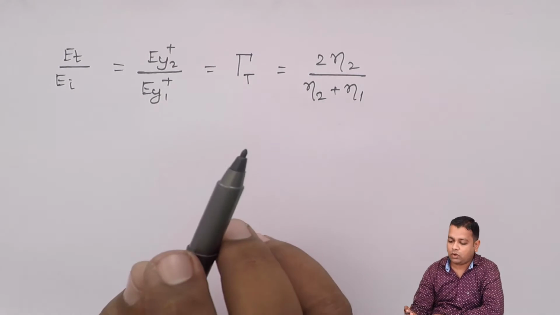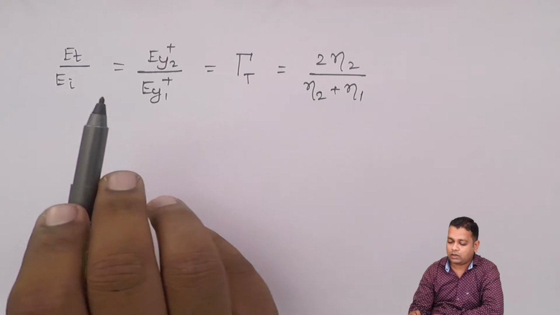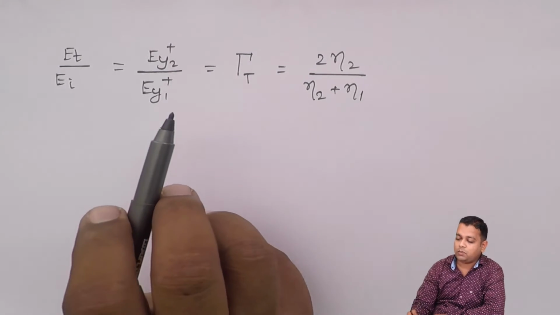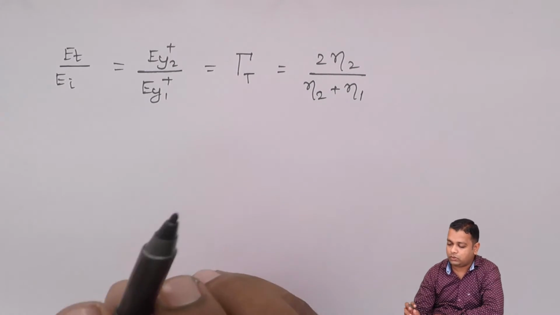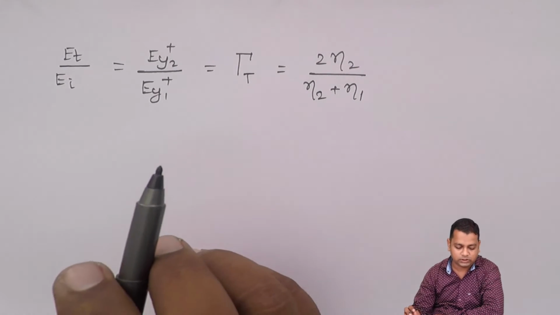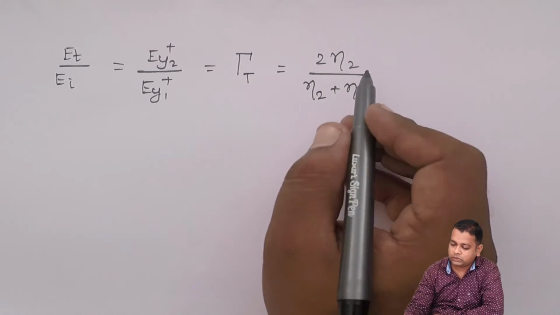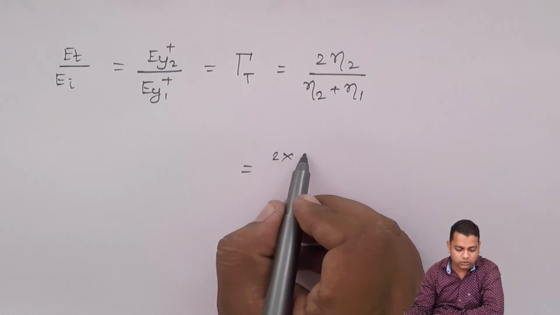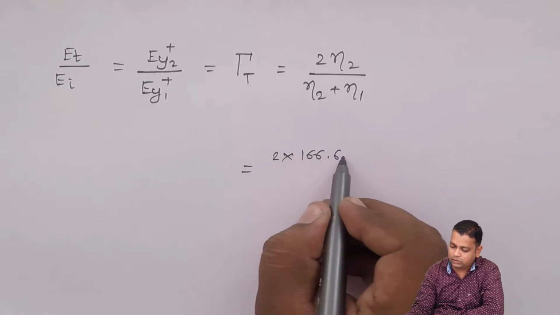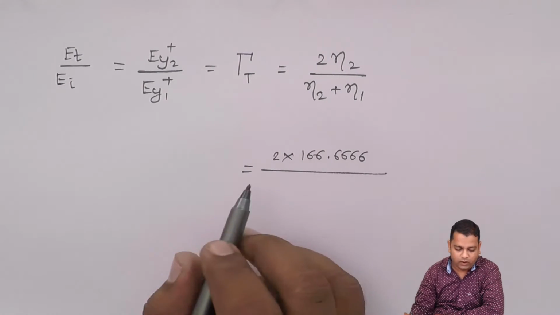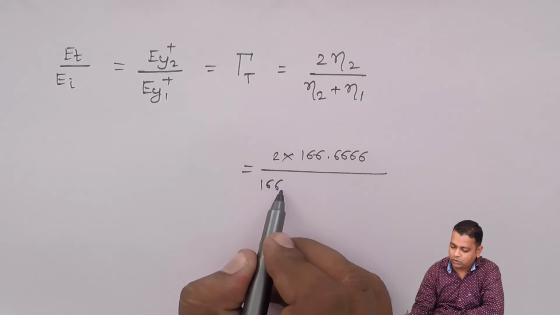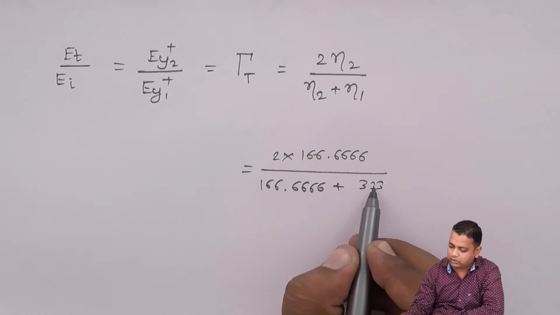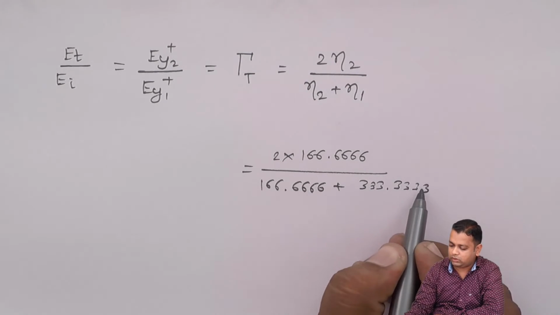Here the electric field components are along Y and the magnetic along Z, and at the boundary surface at x equal to 0, we take normal incidence. Substituting these values, the numerator is 2 into 166.6666, divided by the addition of 166.6666 plus 333.3333.